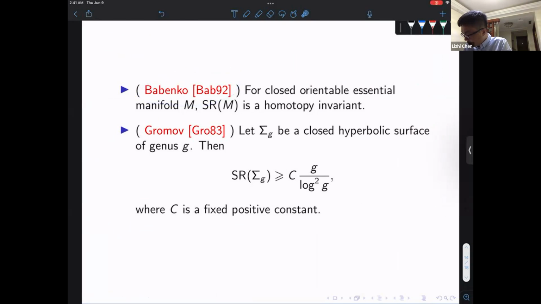Gromov tells us more. If the manifold is of dimension two and it is a closed hyperbolic surface, then the systolic volume, which we can now call the systolic area, is related to the genus.